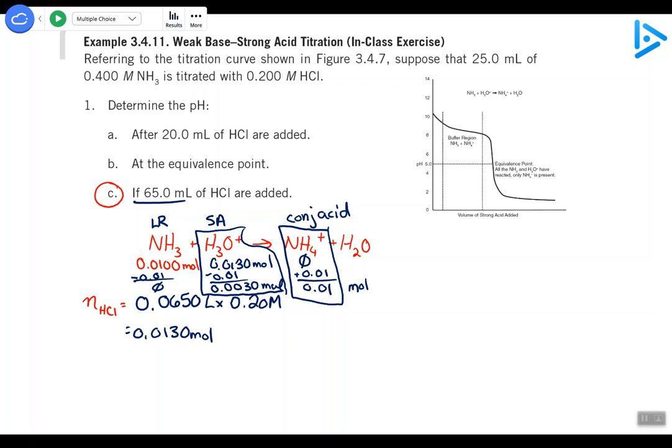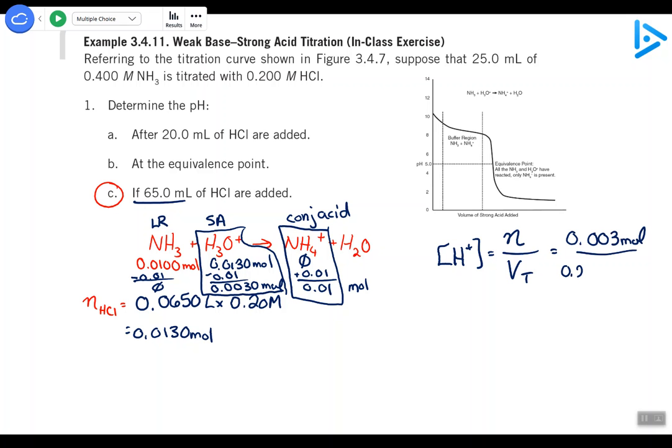But it's still true that we have some strong acid left. Even though it's only a little bit, the pH is going to be determined by the concentration of this strong acid. The concentration of this strong acid is the number of moles of the strong acid divided by the total volume. I've calculated that I have 0.003 moles of my H+ in solution.